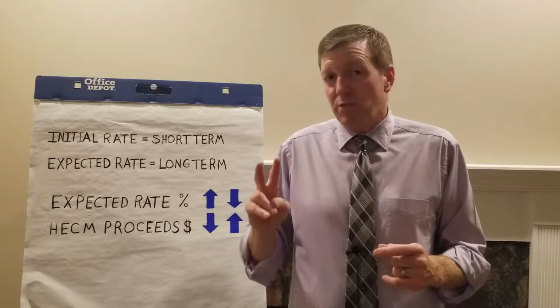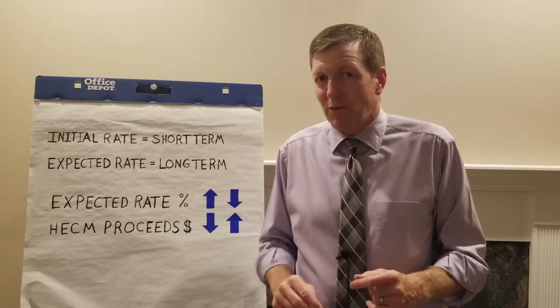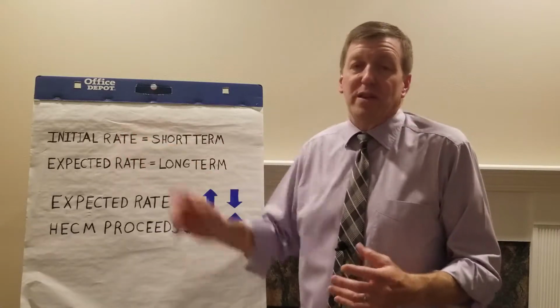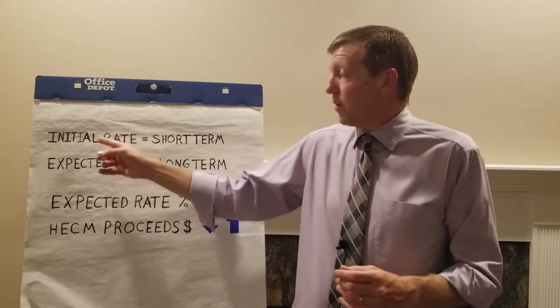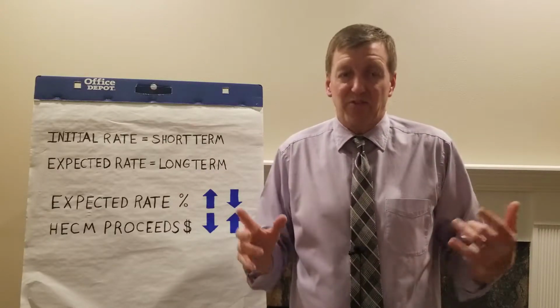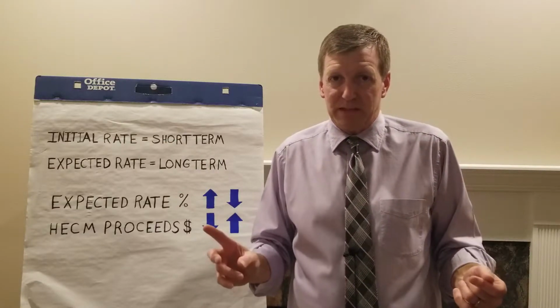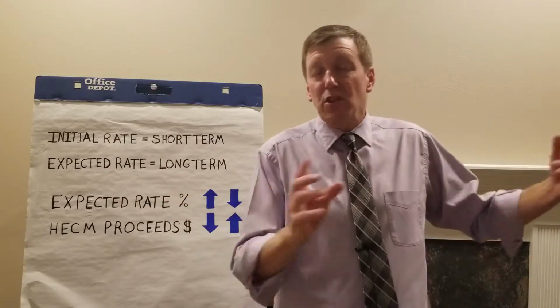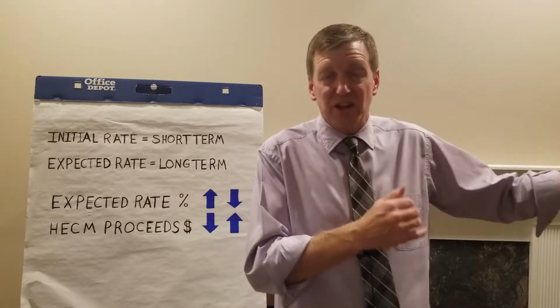But actually, the main thing people don't understand about reverse mortgages, the adjustable rate, is that there are 2 different interest rates. There's something called the initial rate, which is a short-term interest rate. In this case, the 1-year LIBOR is what it's based on, the London Interbank Offered Rate. The expected rate is the long-term rate. That's based on the 10-year LIBOR.